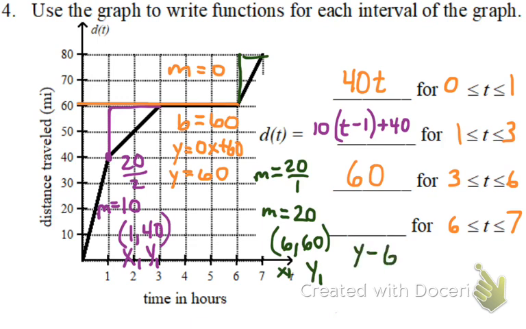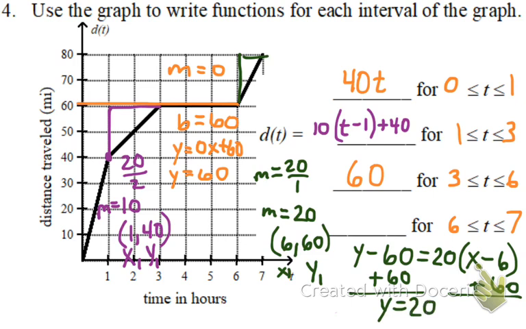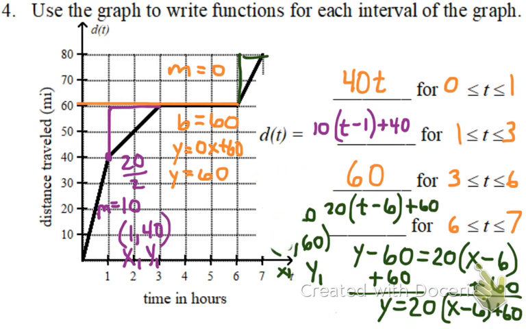Substitute into the formula: y minus 60 equals 20 times (x minus 6). Add 60 to each side. That'll get the y by itself. So y equals 20 times (x minus 6) plus 60. Change it to d of t: d of t equals 20 times (t minus 6) plus 60. So that's how you can build linear piecewise functions.